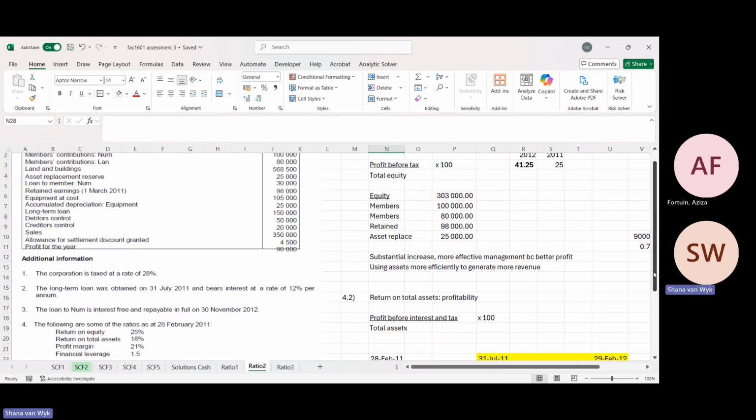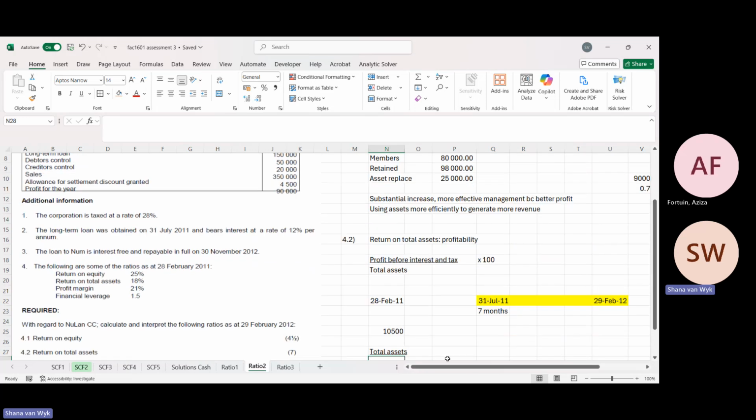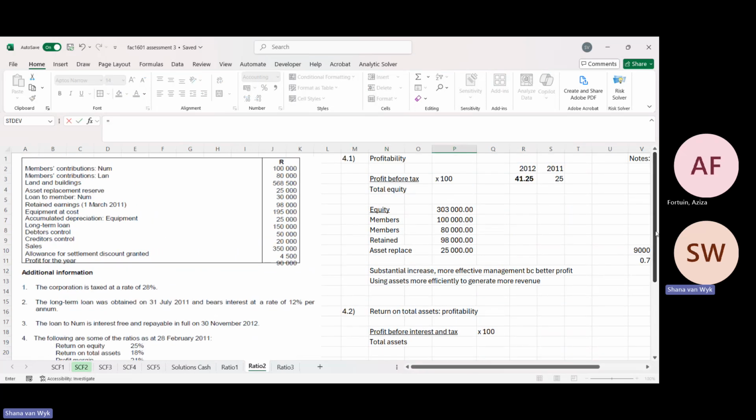I'm still not going to add everything here. So it's going to be land and buildings, which is 568,500, plus loan to member. I think that's an asset as well. Loan from member is the liability.